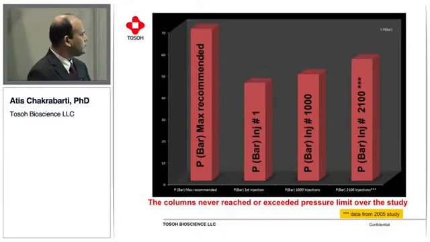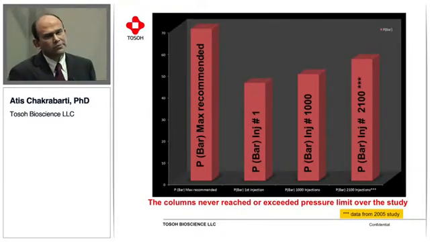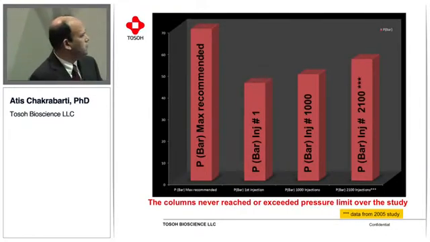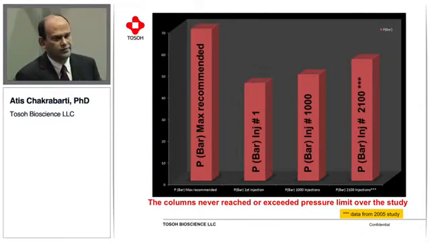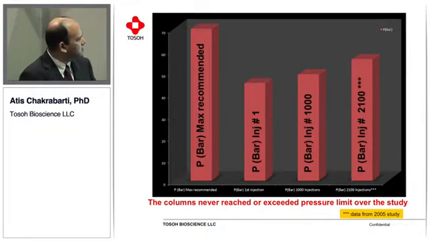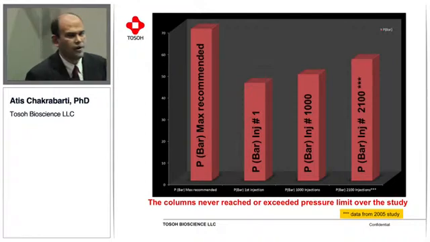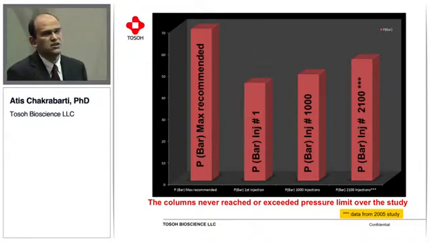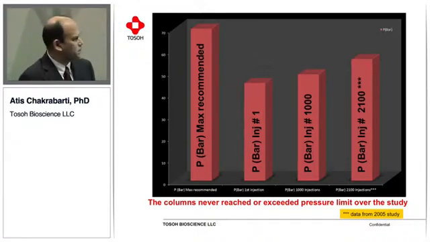Next, please. Now, this is the profile where we have shown the maximum pressure limit for this column, which is 70 bar. And this is the pressure for the column at injection number 1, and this is the pressure at injection number 1000 in this particular study.